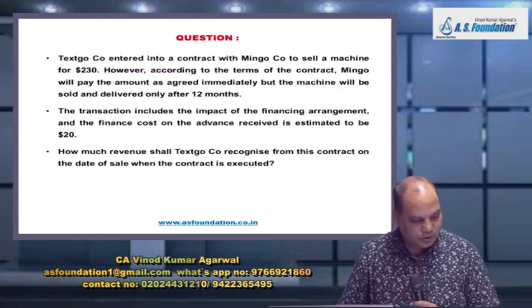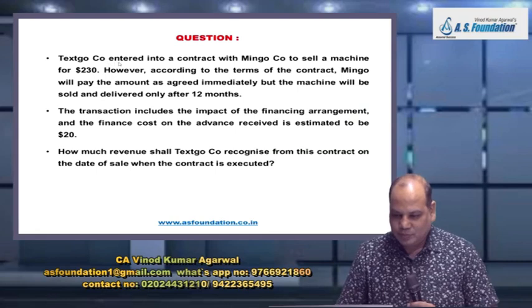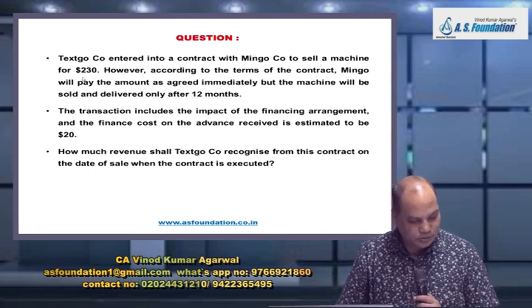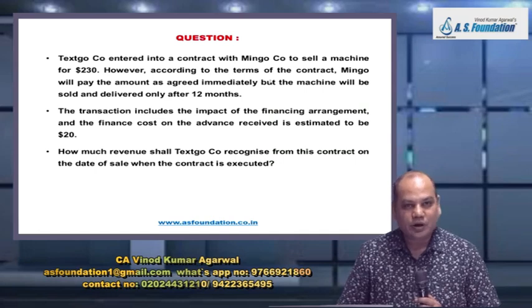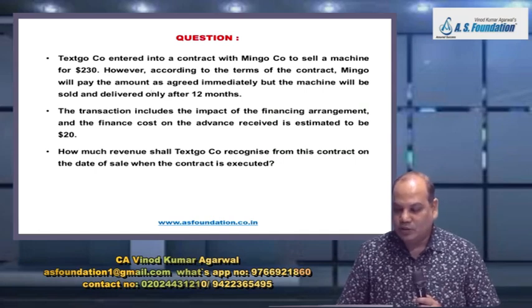What is the next question now? Text Go company entered into a contract with Mingo to sell a machine for $230. However, according to the terms of the contract, Mingo will pay the amount as agreed immediately, but the machine will be sold and delivered only after 12 months.